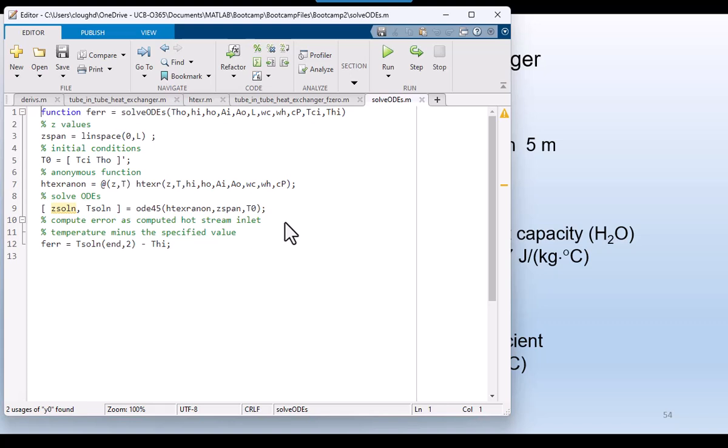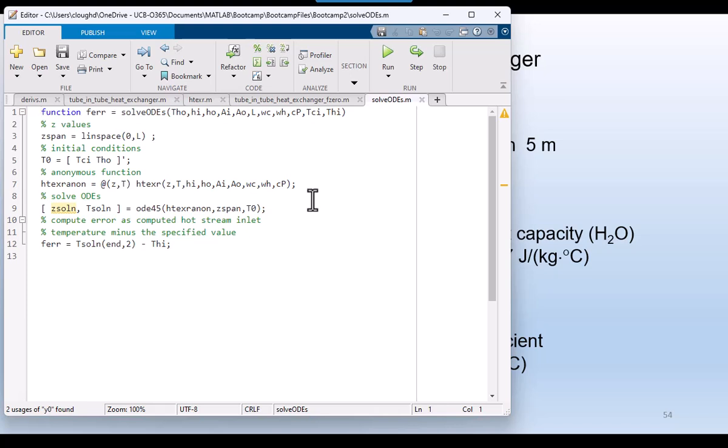So what this does is it solves the differential equations just as we did for a specific initial estimate coming in here of TH0, solves for it, and then gets the last value of the hot, that's column 2, and compares it to THI, which came through up here, and THI is 50 degrees.